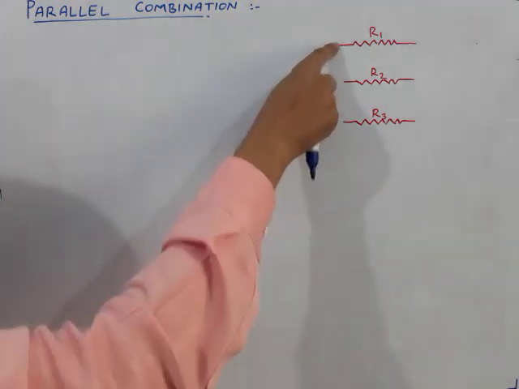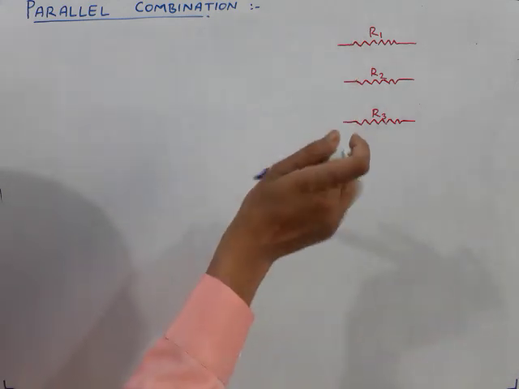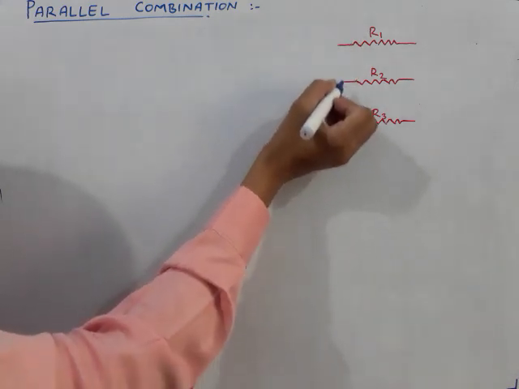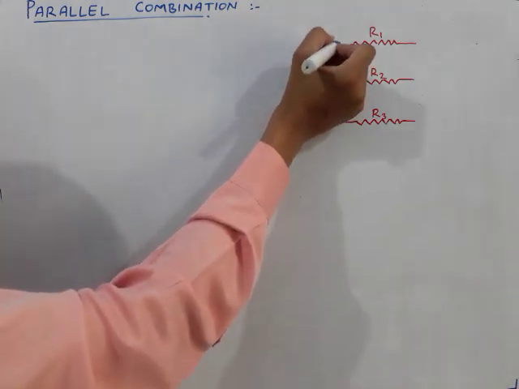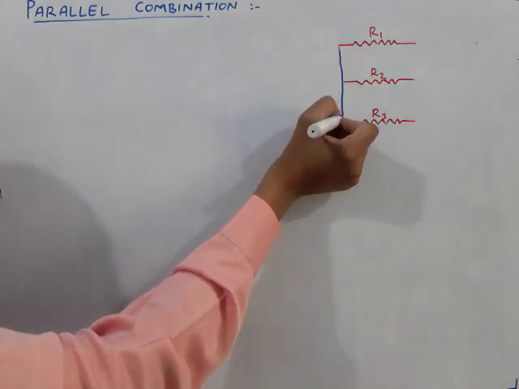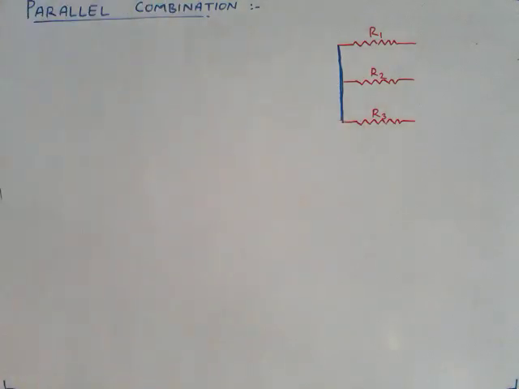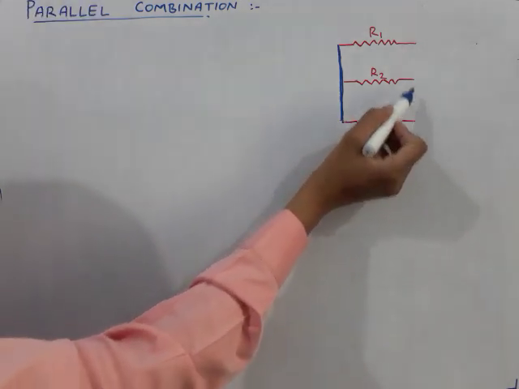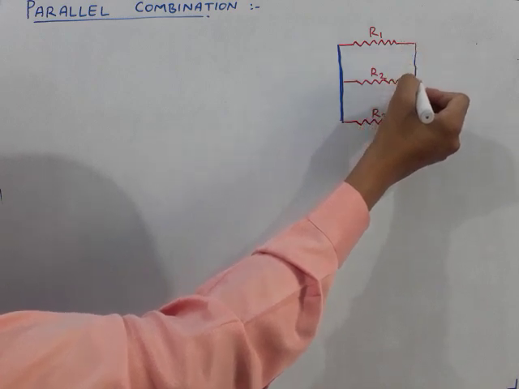One end of each of these 3 resistors, this one and this one, you connect them together like so. Likewise, their other ends, this one and this one, also should be connected together.